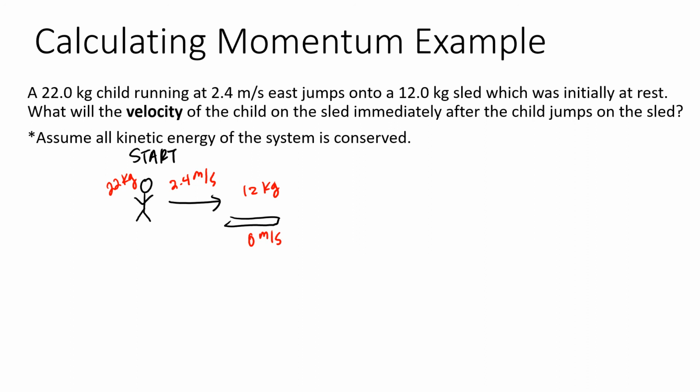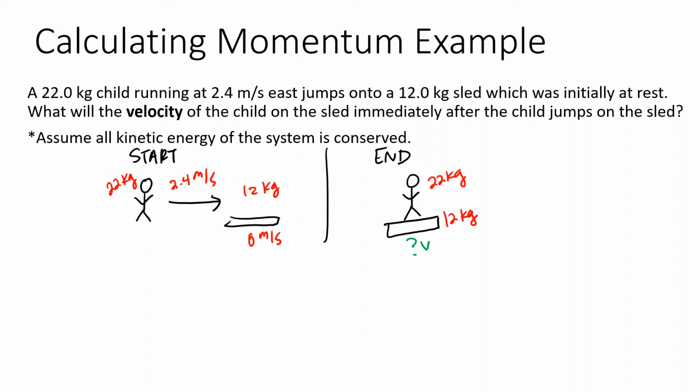That's our starting image. Our ending result is that the child is now on the sled. What we still know is true is that this child is 22 kilograms and the sled is 12 kilograms. None of that has changed. However, here we're trying to calculate what is the velocity of this sled right after the child jumps on it.